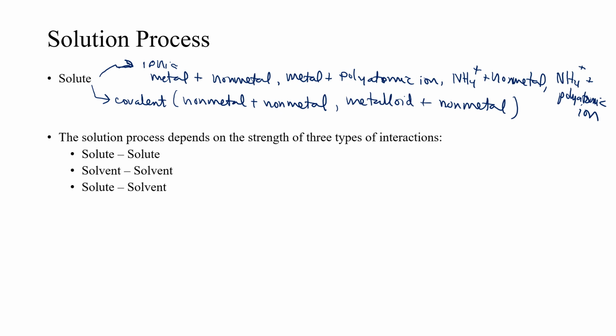When you're mixing the two, the solute and the solvent, you still have all of those interactions. Okay? The water molecules have interactions between them. The ethanol molecules will have interactions between them. And then you do have interactions between your solute, which is the ethanol, and the water molecules.